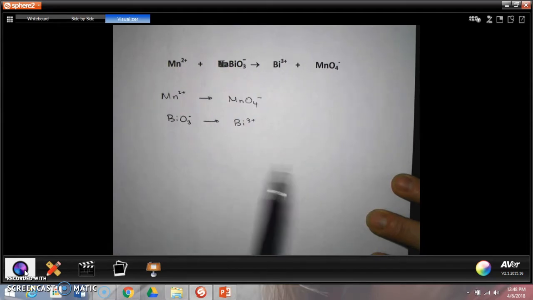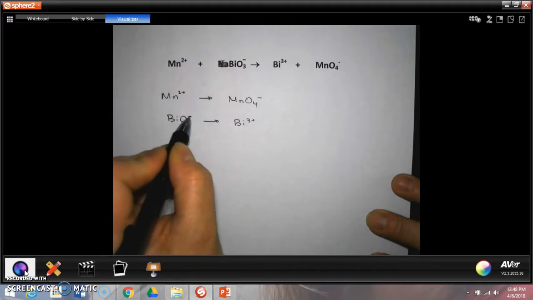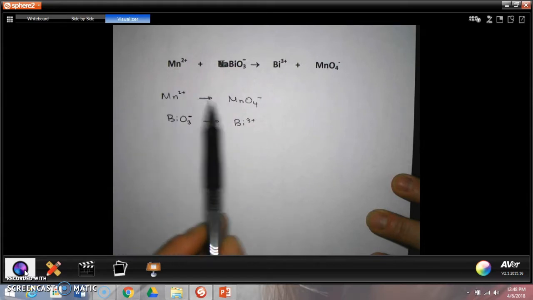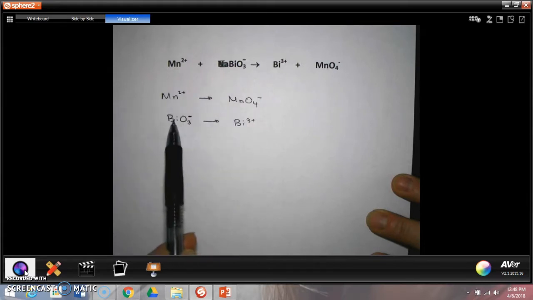Now remember, the first thing we wanted to do is balance out the atoms. I've got Mn and Mn, that works. I've got Bi and Bi, that works. The next thing I've got to do is balance out the oxygens, using the same idea.